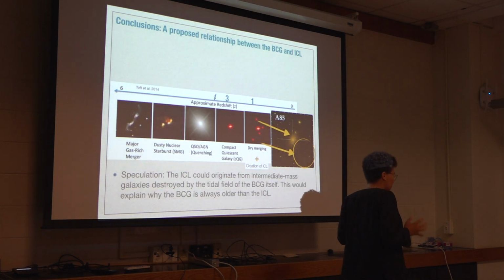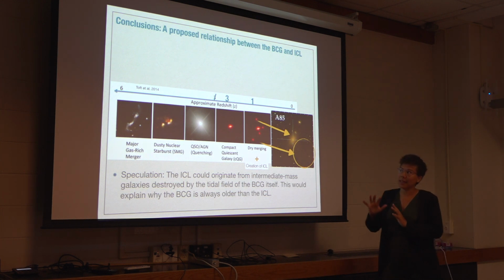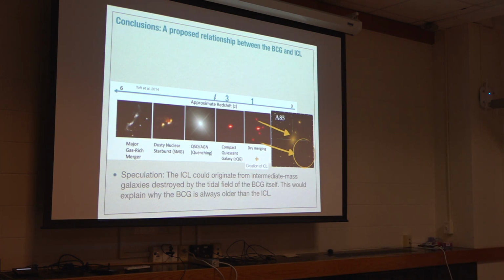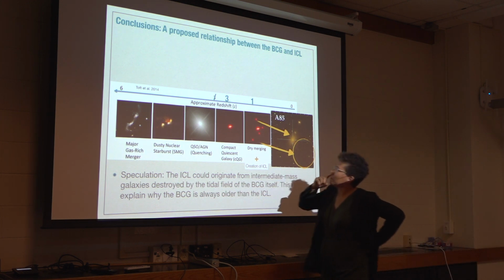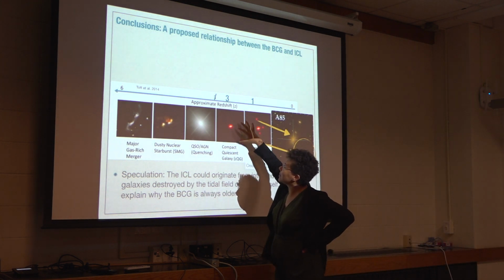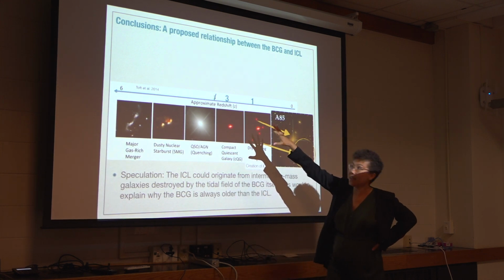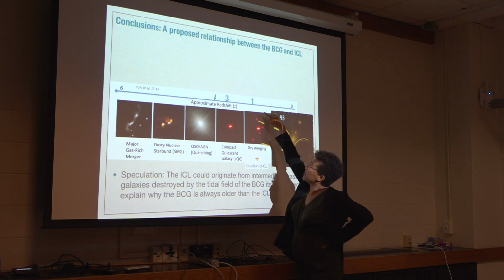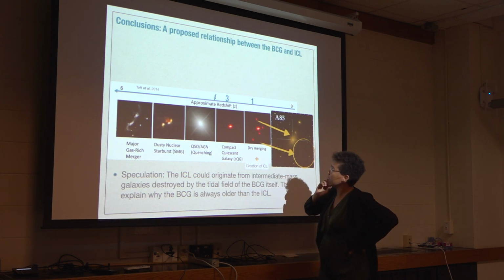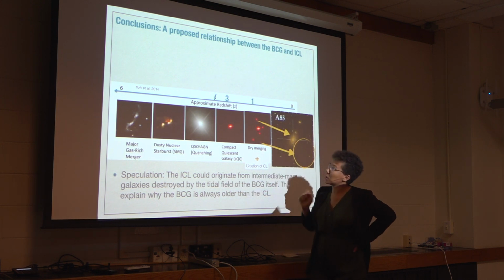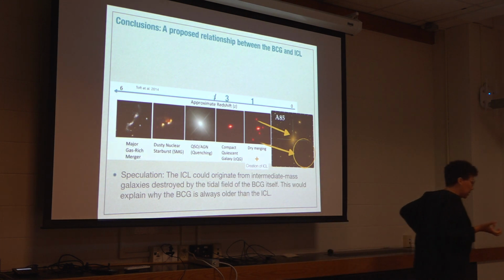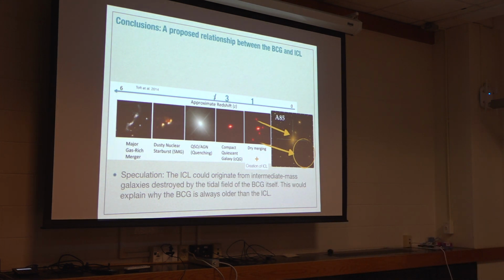If we come back to the cartoon we had before, and make it not for elliptical galaxies in general, but specifically for brightest cluster galaxies, maybe we are at the compact quiescent galaxy phase a little bit earlier, at redshifts of 3. And when we think about this dry merging stage, some of these minor mergers are going to come in onto the BCG and form the lower metallicity outskirts of the BCG.